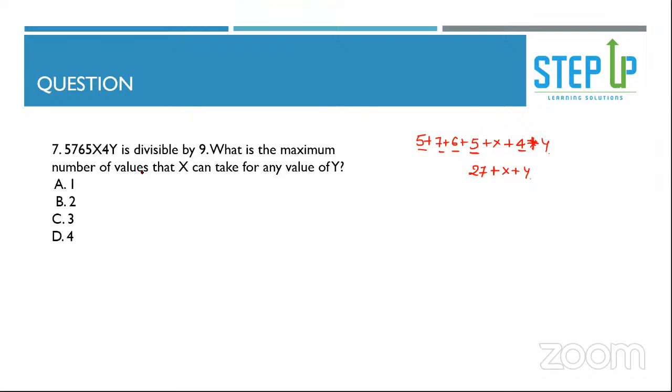What is the maximum number of values that x can take for any value of y? If y is 0, then x can be what? 9, right? Because 27 plus 9 will be divisible.